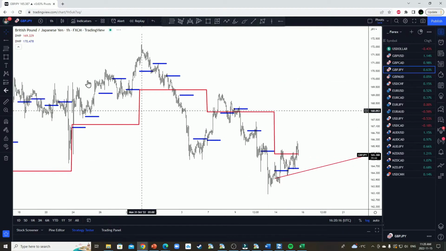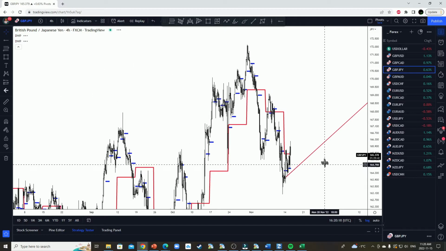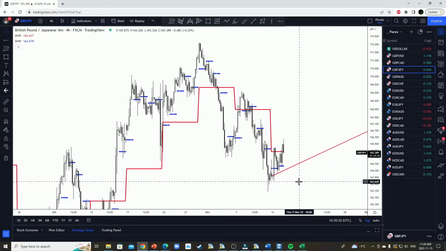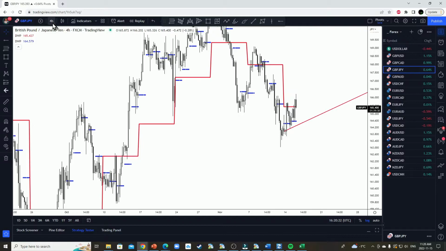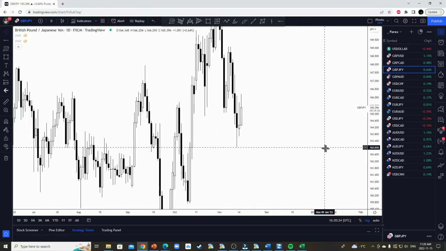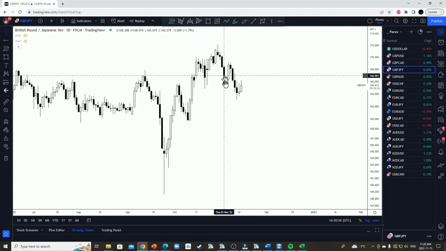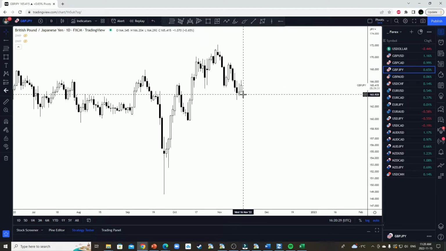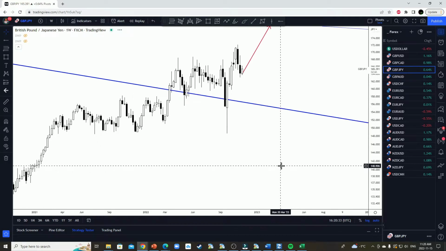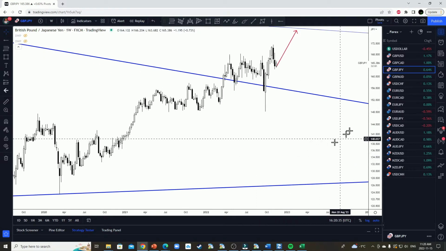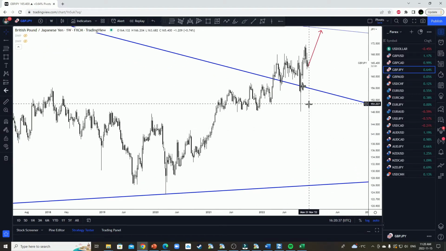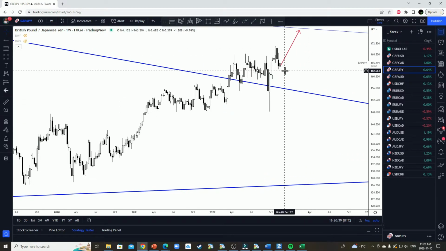The pound yen, I'm not too worried about either, but if you look on the daily, it is making lower lows and lower highs. So right now I'm really thinking, well, you might have to exit that trade, but at the same time I'm within a retracement.